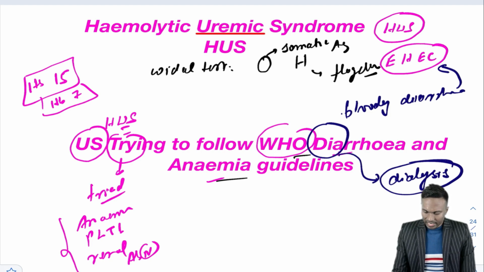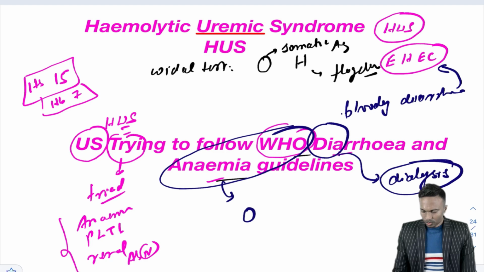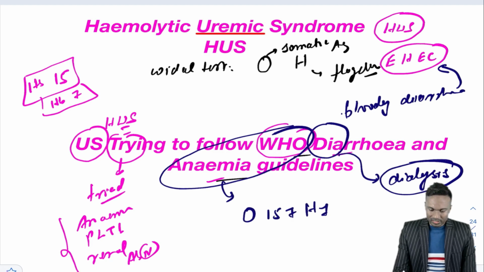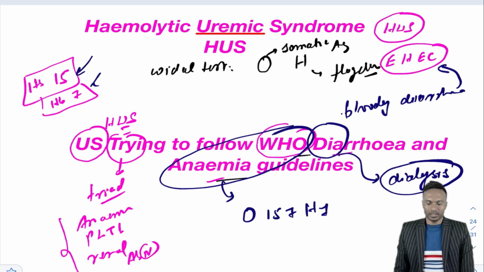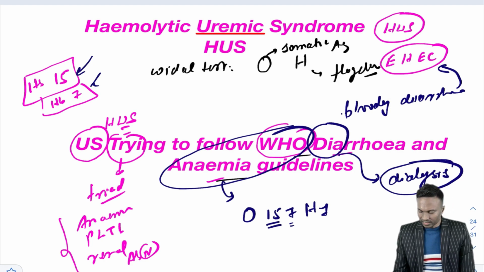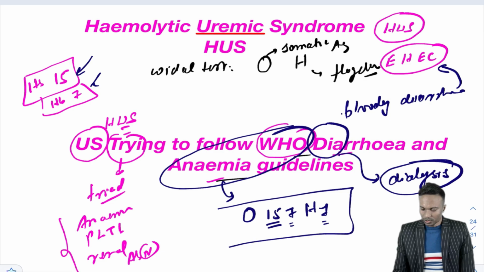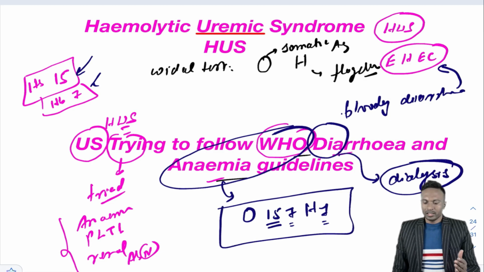Anemia guidelines and WHO. So you have the strain of E. coli, that is O157:H7. So what is the WHO cutoff of anemia? You have 15, 7 and 7. By this mnemonic and by relating it with the Vidal test, you can say that it will include antigenic variation of two antigens, that is somatic antigen and flagellar antigen.